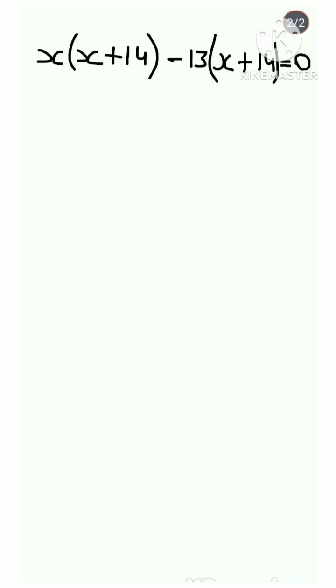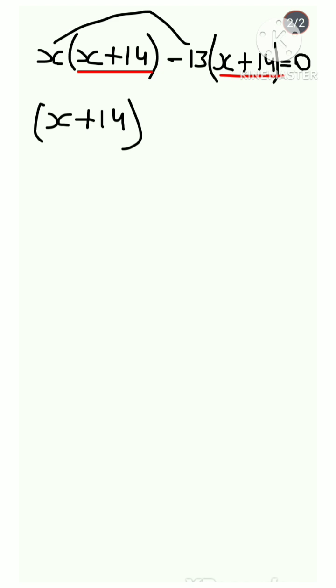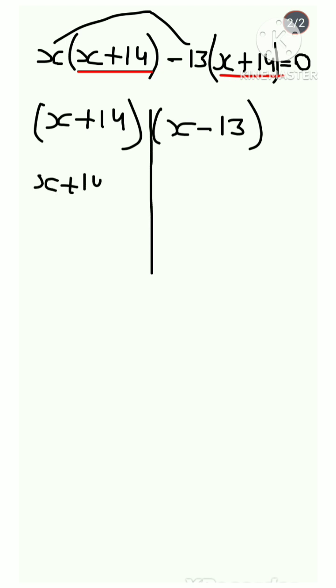Now x plus 14 is common, so here x plus 14, and here remains x minus 13. Now x plus 14 make it equal to 0, then we obtain the value of x will be minus 14.